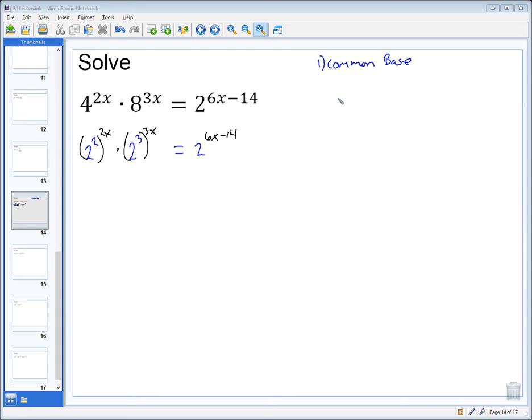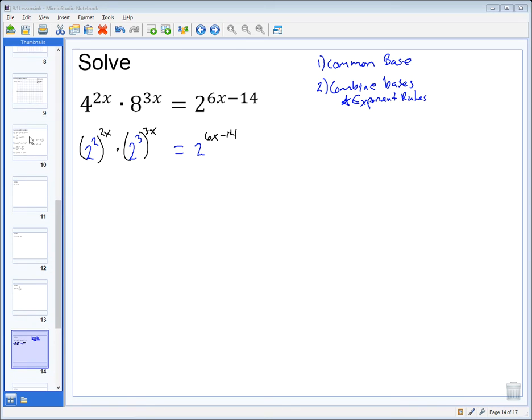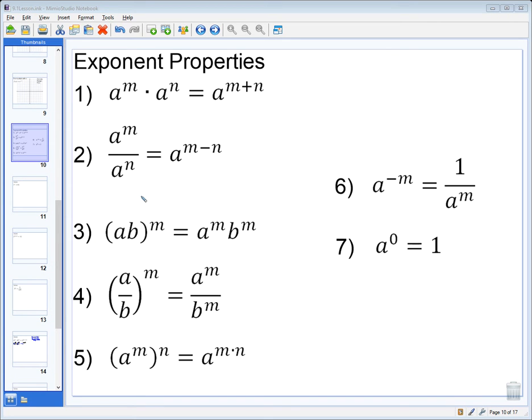Second step is to make sure that we combine the bases on each side. And remember that to do that, you're going to be following your exponent rules. So recall that these are your exponent rules.